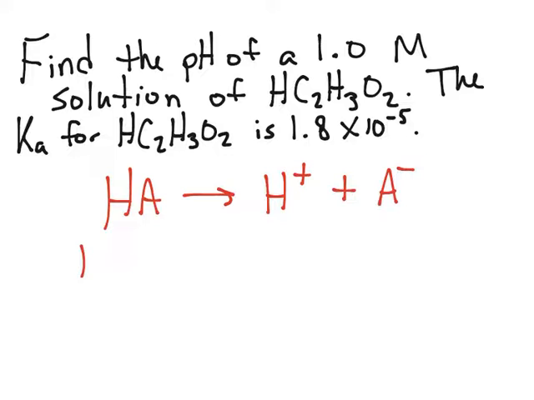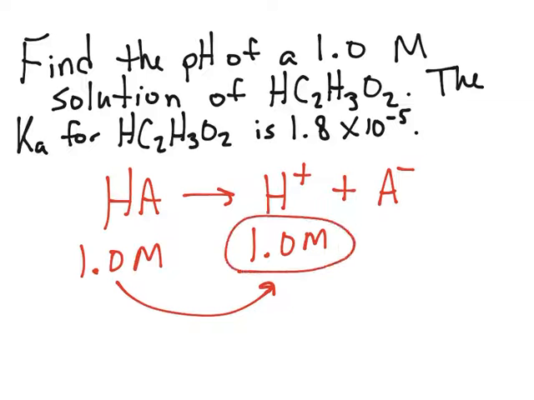So if this were a 1.0 molar strong acid, for every one HA, you'd have one H dissociating off, so the concentration of your H plus ions would be 1.0 molar, just like the concentration of the strong acid. Then you would simply take the negative log of this to find the pH, because pH equals negative log of the H plus, or you could write H3O plus there, they're interchangeable, and that'd be an easy problem to solve.